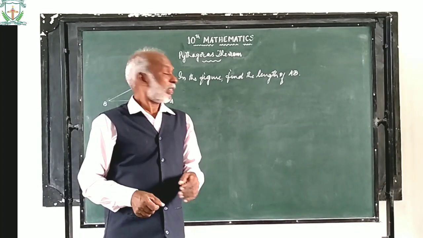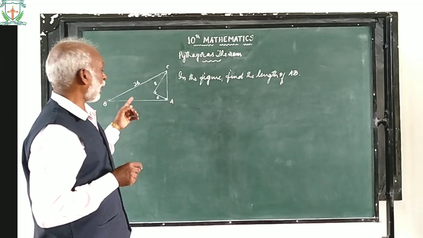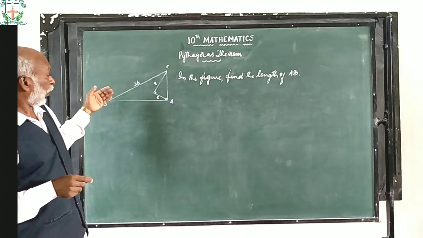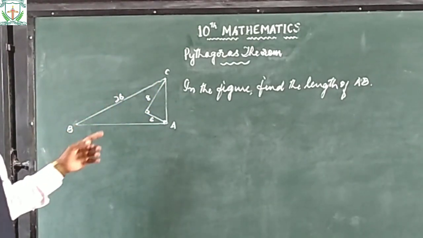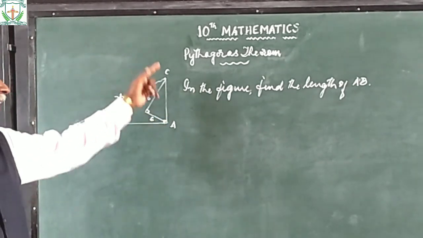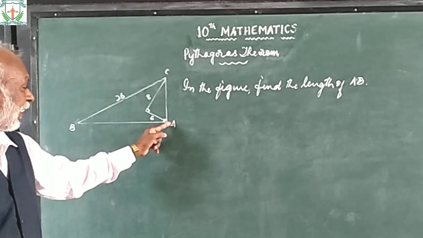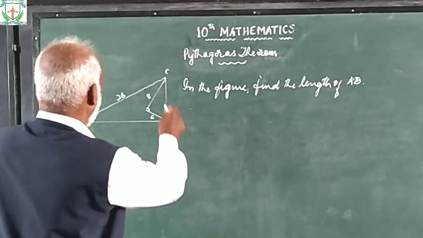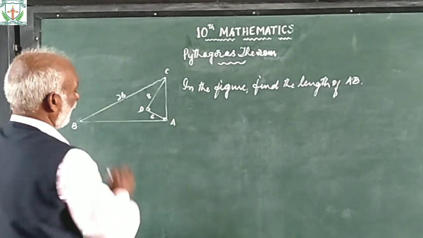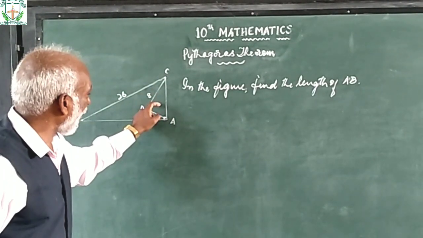Children, now we will solve a very simple problem based on Pythagoras theorem. So the problem is as given in the diagram. You have a triangle ABC wherein angle A is 90 degrees, and within that triangle you have one more triangle, ADC, which is also a right angle triangle.